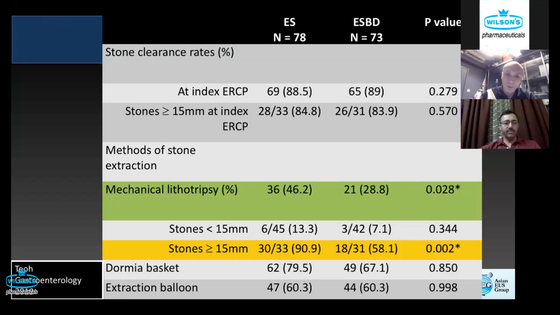In our publication 7 years ago in Gastroenterology, we have shown that for stones larger than 15 millimeters, the stone clearance rate is much higher. And if you use a combined technique, the need for mechanical lithotripsy is significantly smaller in the sphincteroplasty group.